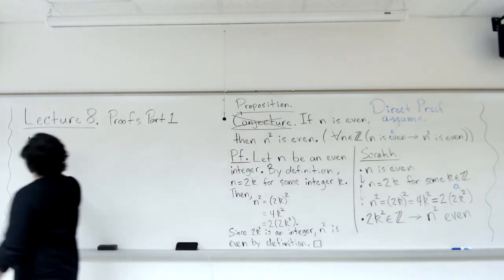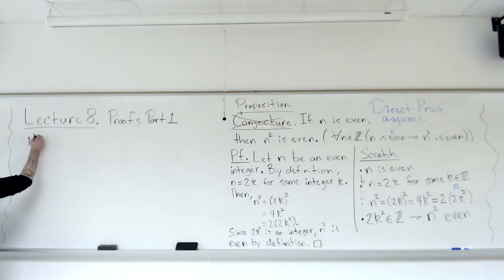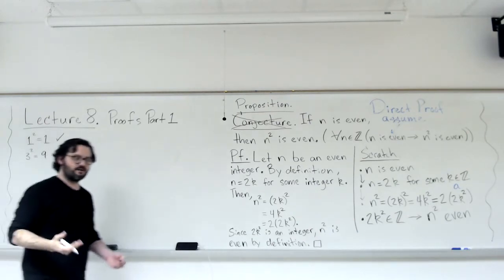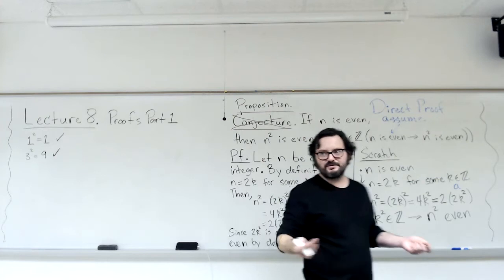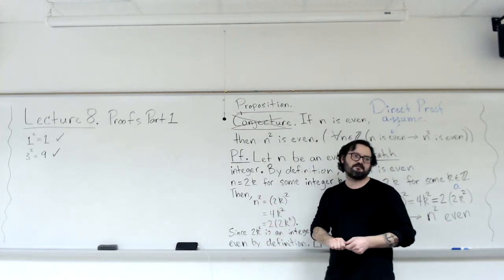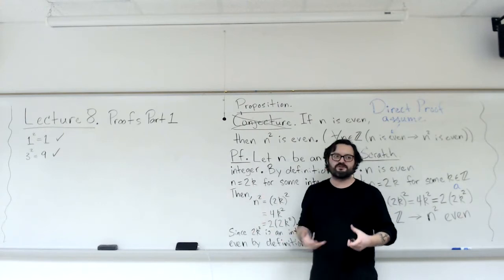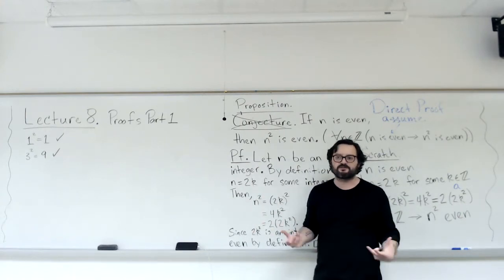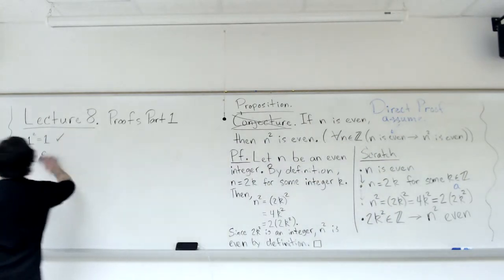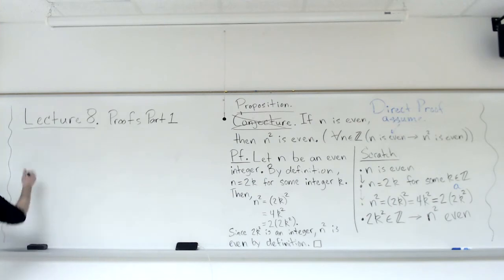So 1 squared is equal to 1. Okay, that's odd. What about 3 squared? That's equal to 9. Odd. All right, things are looking up. It seems possible. What about 5 squared? 25? Okay. We have examples that make us think about a conjecture. So let's go ahead and write that conjecture out.